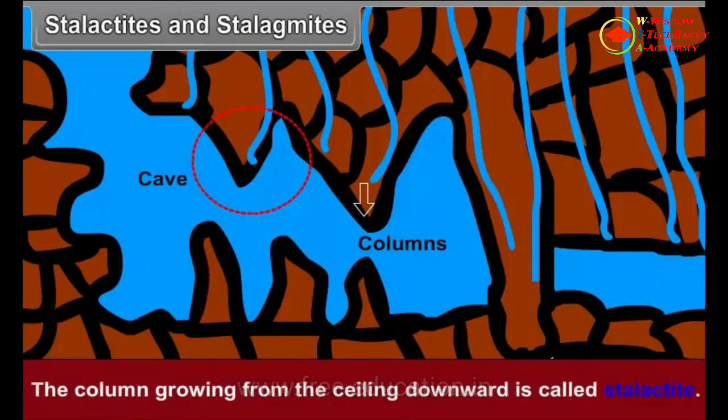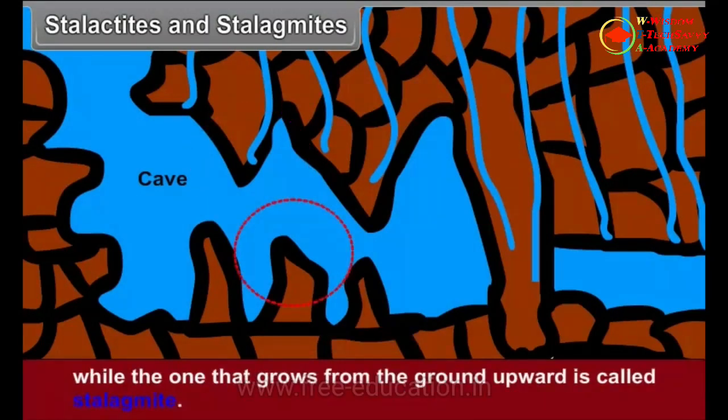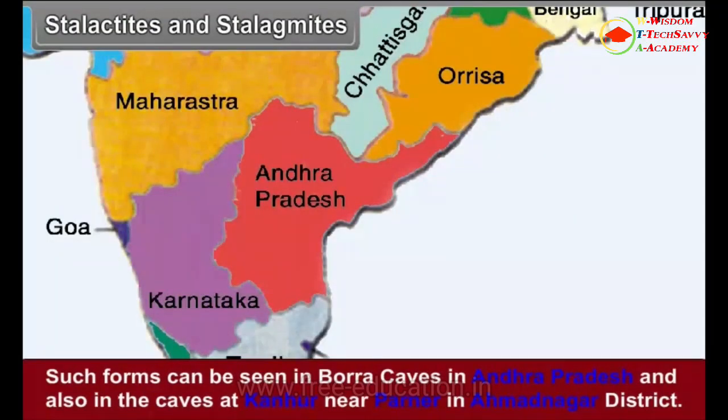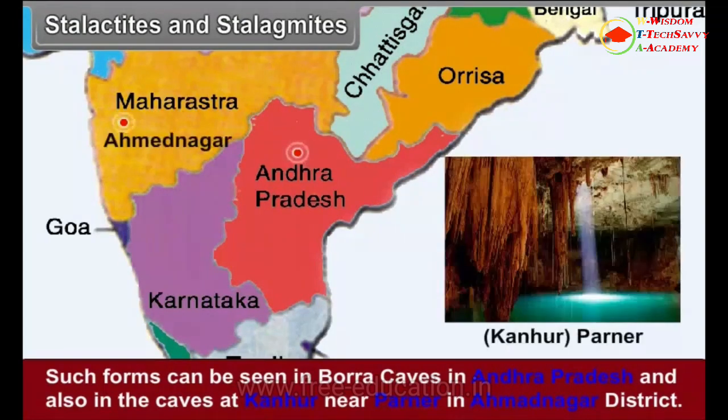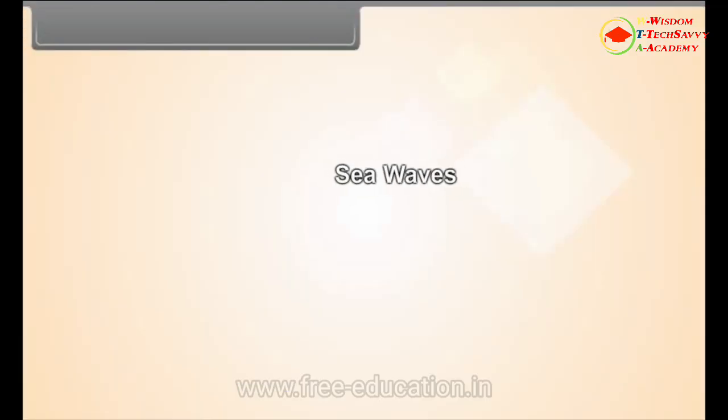The column growing from the ceiling downward is called stalactite, while the one that grows from the ground upward is called stalagmite. Such forms can be seen in Bora caves in Andhra Pradesh and also in the caves at Kanhur near Parner in Ahmednagar district.